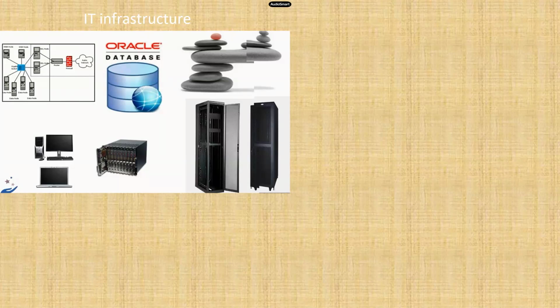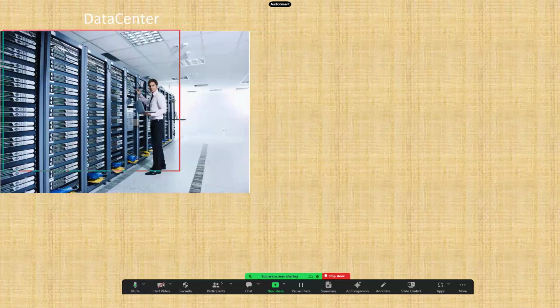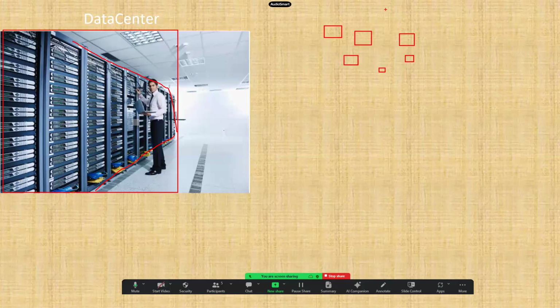All these devices are communicated together in the data center. This is the exact picture of a data center. Whatever I said, cable, server, storage, network, database, switches, routers, everything communicated together, that is a data center.